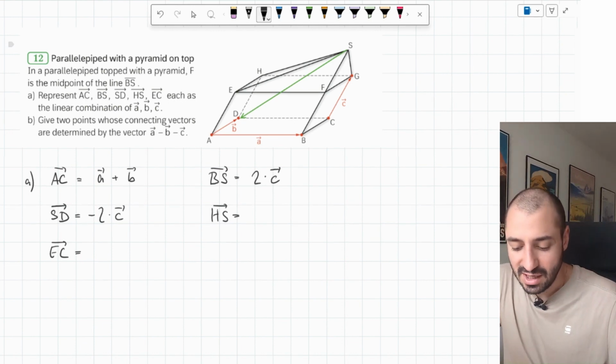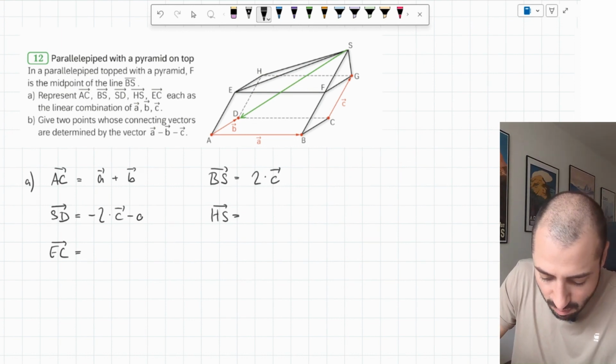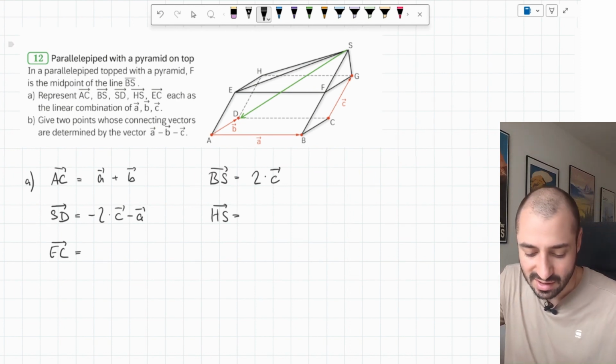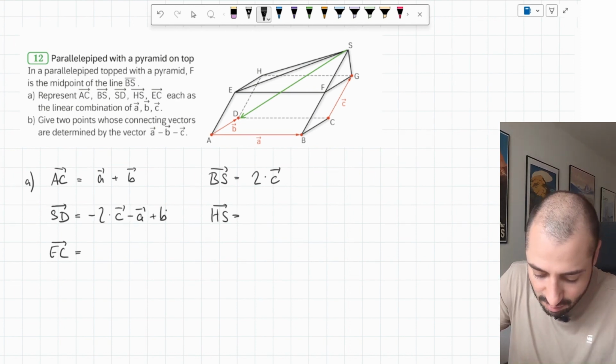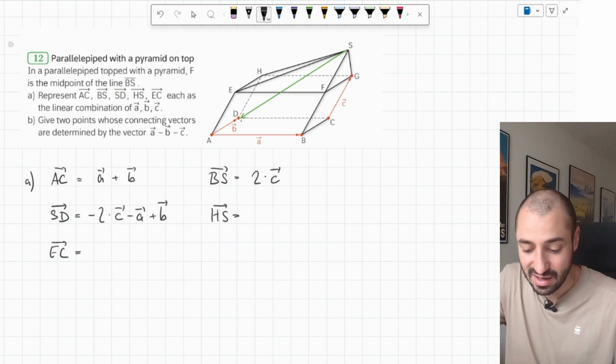So then we will be here. Now to get from here to here, we can just use the opposite vector of A. So minus A. And then we need to go over here. Here we can just add B. This gives us then the vector SD.